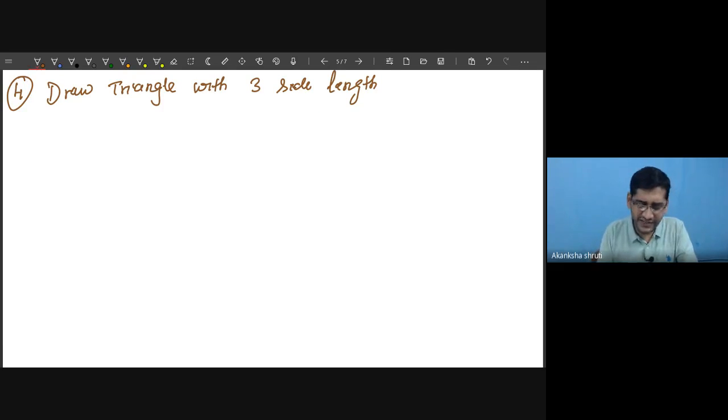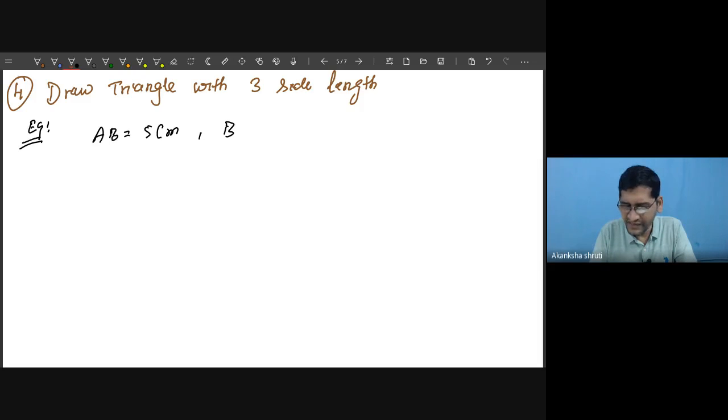So let us take one example. Let us take AB is equal to 5 centimeter, BC is equal to 8 centimeter, and AC is equal to 6 centimeter.